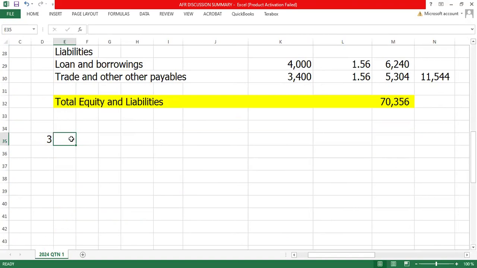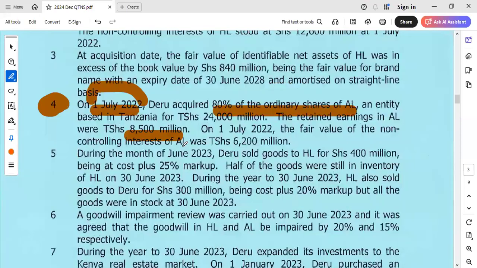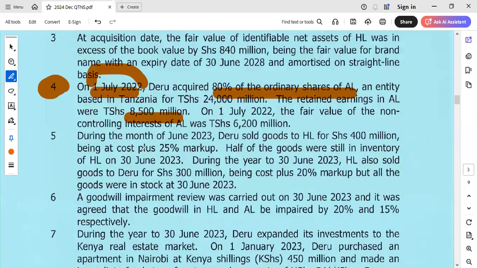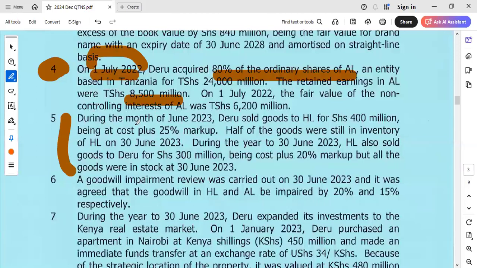So additional information, do we handle one by one? Okay, let's start with the intergroup transaction, note number 5. Are you seeing this note number 5? They are telling us that during the month of June 2023, Deru, this is a parent, sold goods to HL for shillings 400 million.